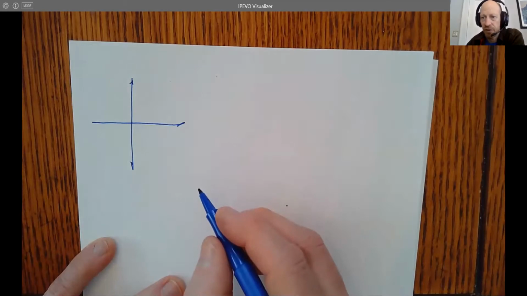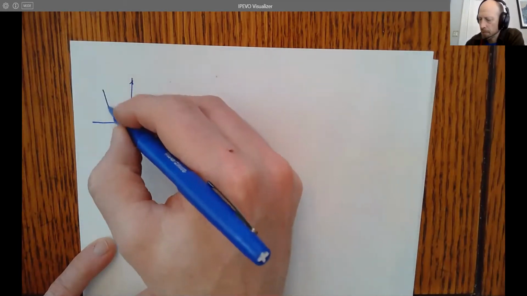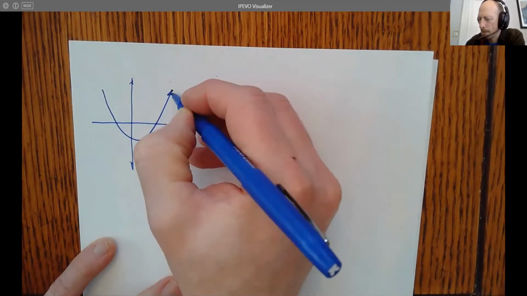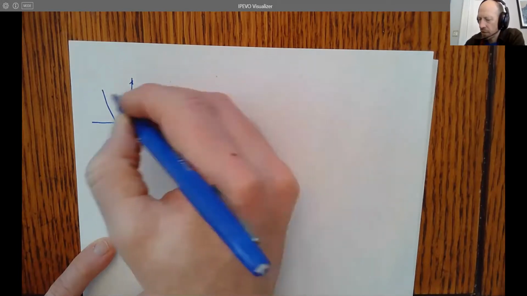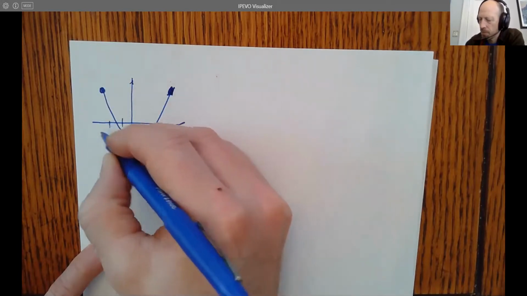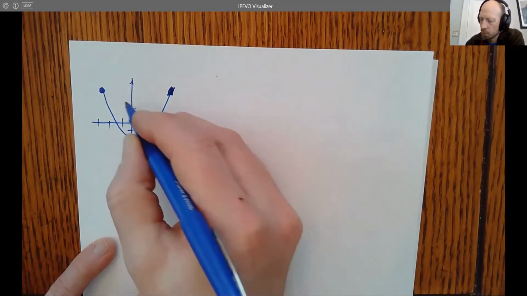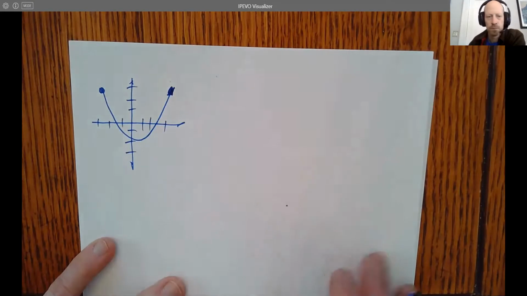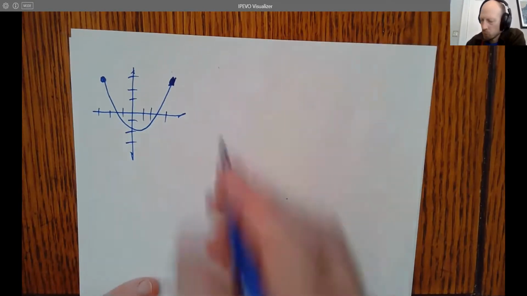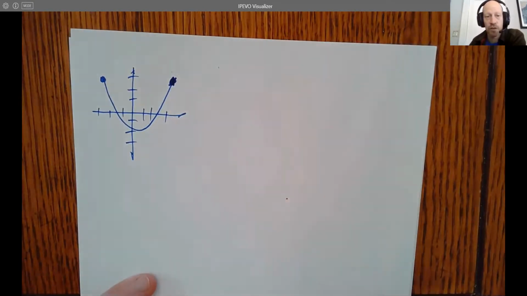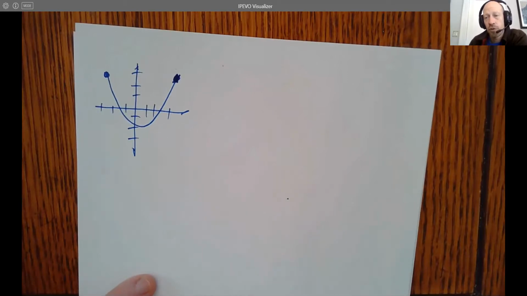This is a Cartesian coordinate plane, and let's look at this graph. Let's say it stops there. Okay, so those are a solid circle where it stops. So this is a different representation.